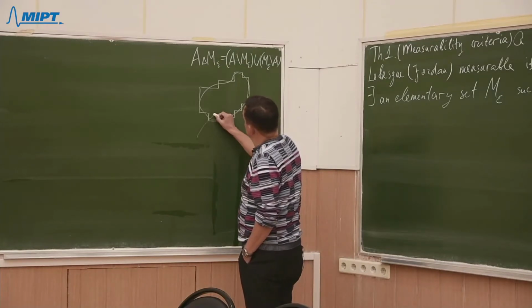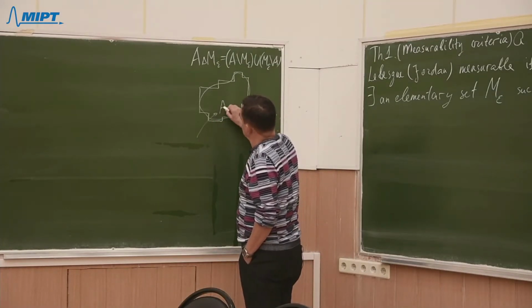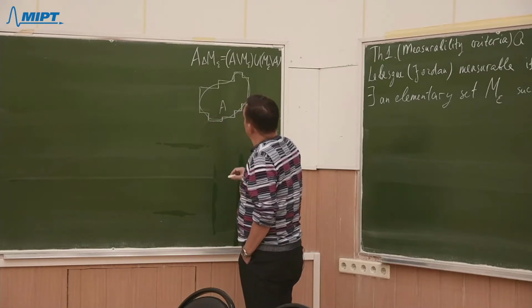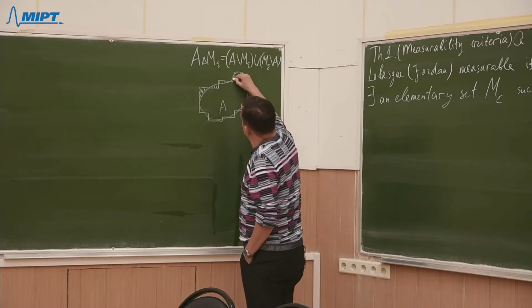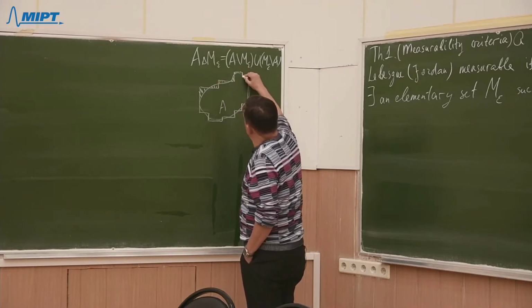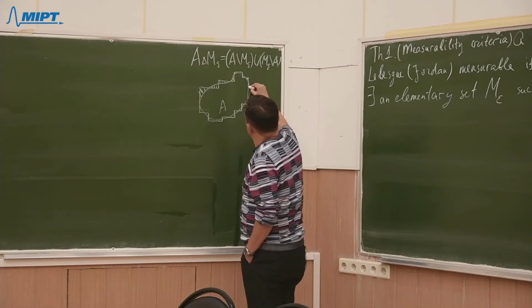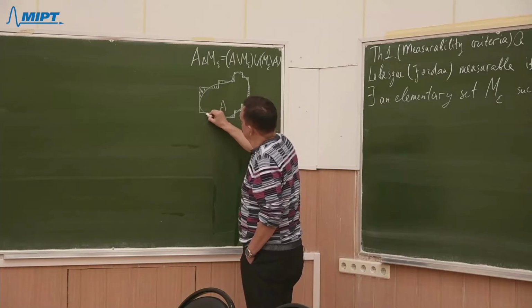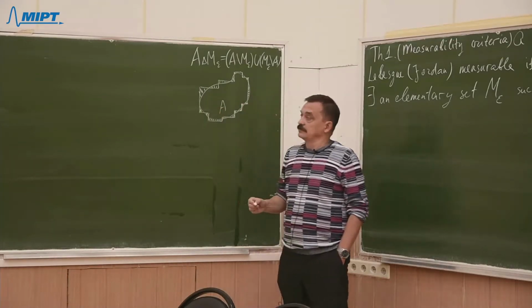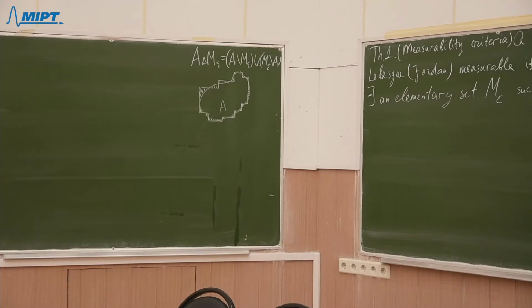If that is our set A, then the symmetric difference is this: everything that is in precisely one of those sets, not in both, but precisely in one of them.